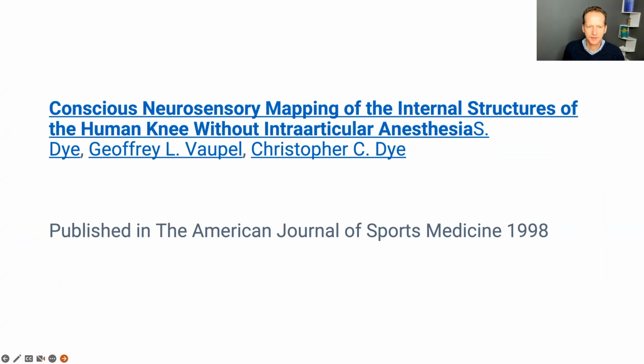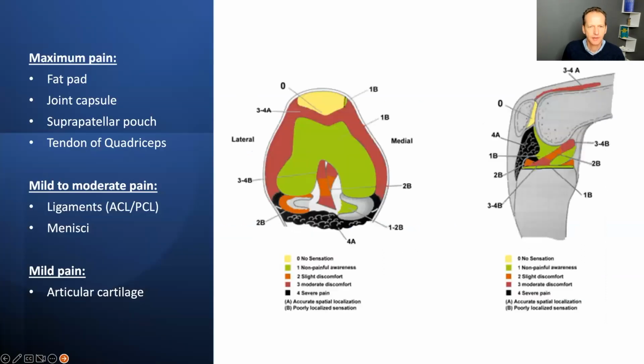He published the results of his self-discovery in the American Journal of Sports Medicine under the article called Conscious Neurosensory Mapping of the Internal Structures of the Human Knee Without Intra-Articular Anesthesia. And here's his map. This is the cross-section of the knee. We are looking under the kneecap here, the yellow one.